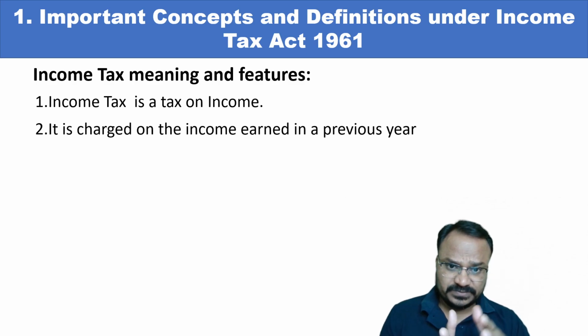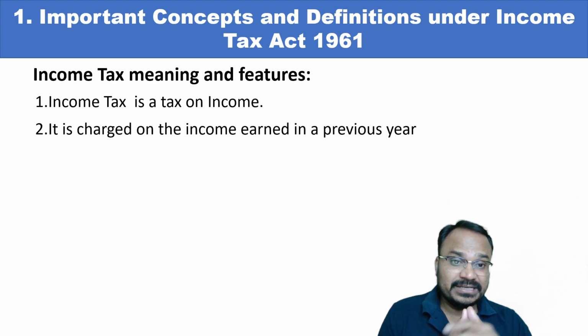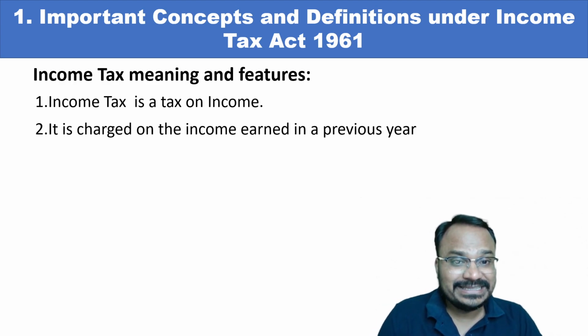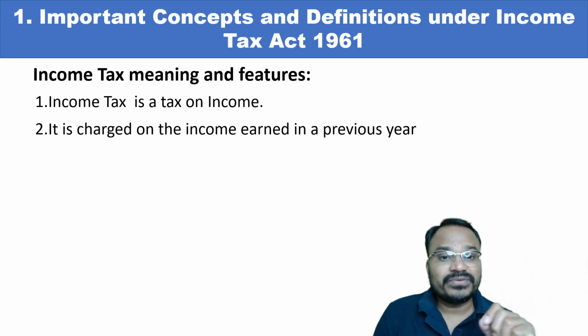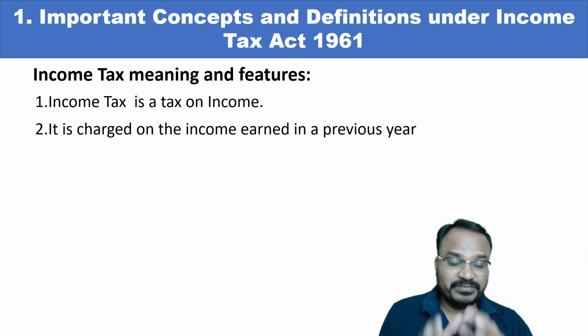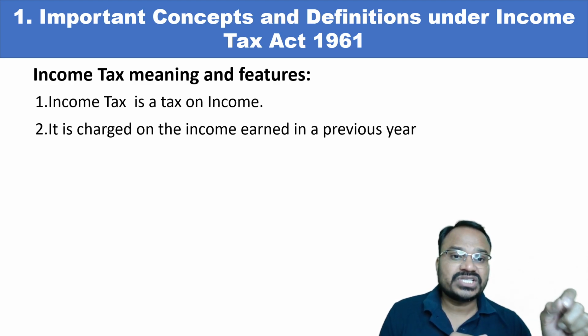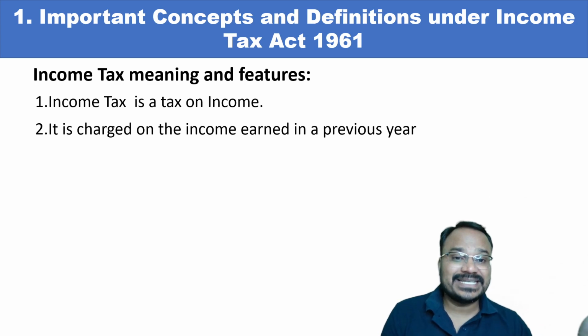So in April 2023, if I want to check my tax liability, the income earned during the current financial year, that is financial year 2022-23, to be precise, 1st April 2022 to 31st March 2023, this is the current financial year. So income earned in this financial year is taxed in the next year.